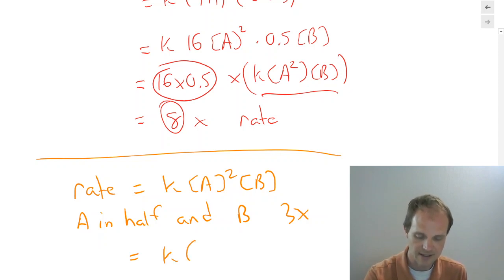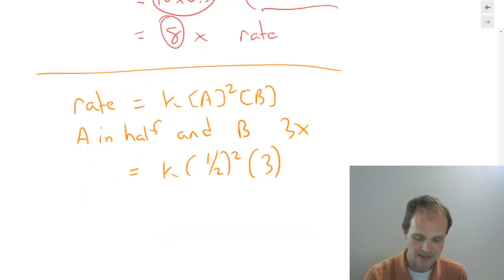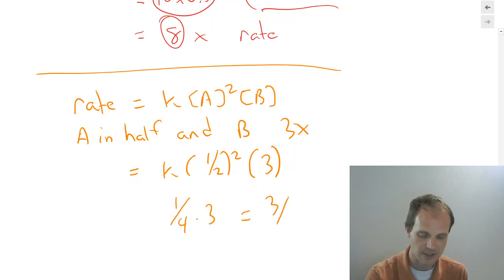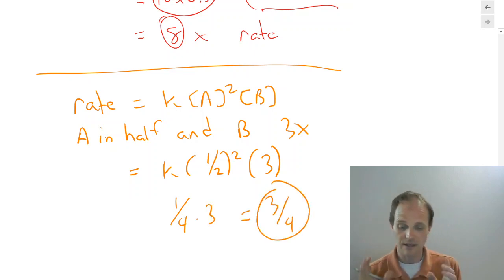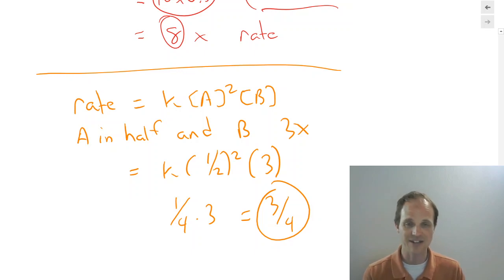I get k and I get half, (1/2) squared, and for B, I get 3. So what is that? That's going to be 1/4 times 3, which is 3/4. So if I took A in half and B 3 times, I actually get 3/4 of my initial rate. The work up there is how it works out, but you can do this kind of shorthand and think about it that way. It'll be useful to be able to do this kind of stuff in your head when we're talking about one of the ways of using data in order to get a rate law.